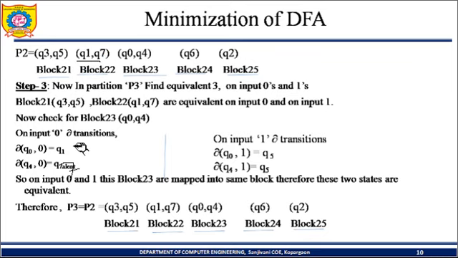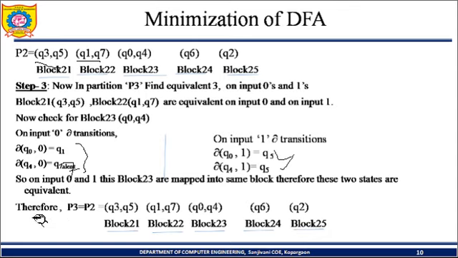So on input 0 those two states are identical because they map into the same block. On input 1, Q0 on 1 goes to Q5 and Q4 on 1 goes to Q5, so they are mapped into the same block on input 1. So on input 1 and on input 0 those two states are mapped into the same block, therefore Q0 and Q4 are identical.